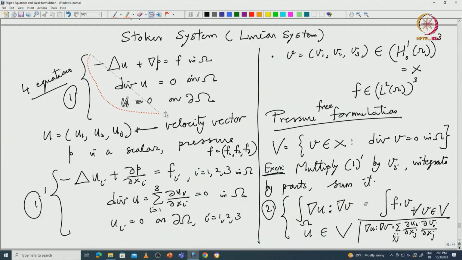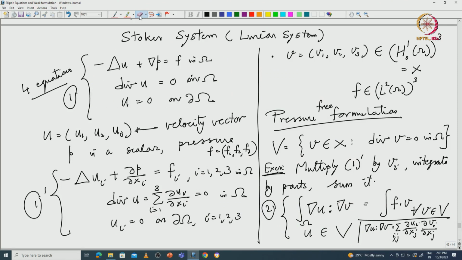So, last class we were discussing the Stokes linear system, and we briefly discussed its variational formulation. The system we have considered was this one. You see, this is a system of 4 equations in 4 unknowns, 3 velocity components and 1 pressure component.